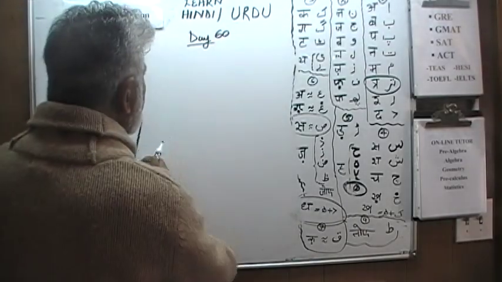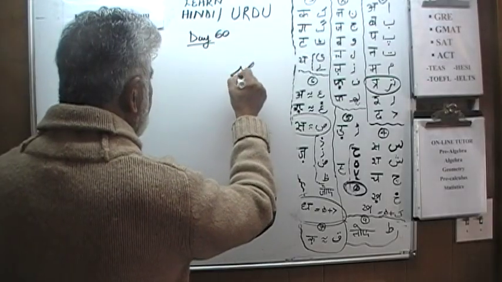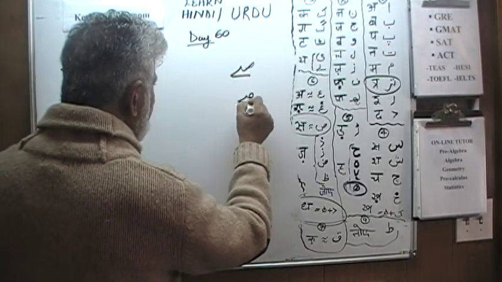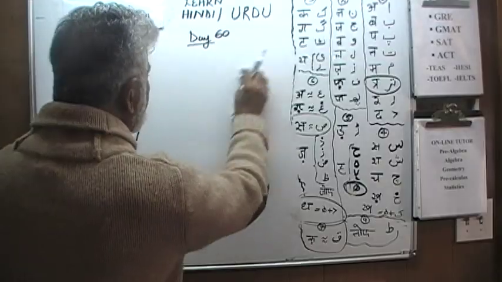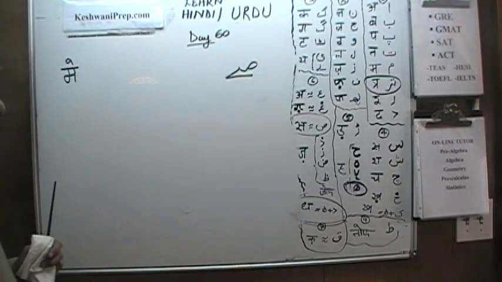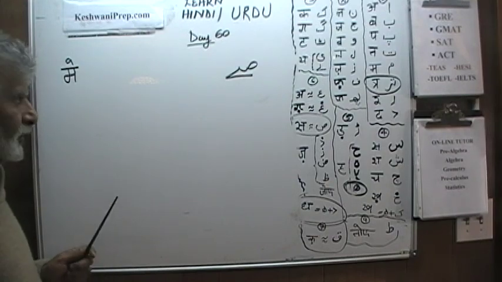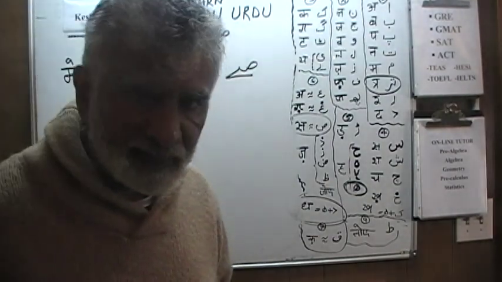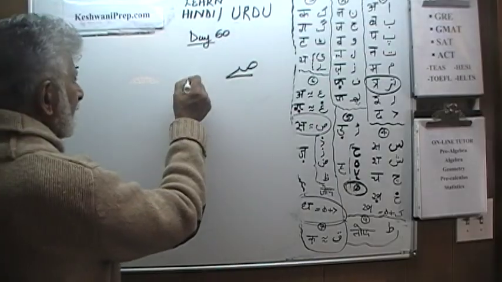Let's put them together. So here's your meem, and then you put it like that, me. Now, next to it, if you were to add a suffix, khana.